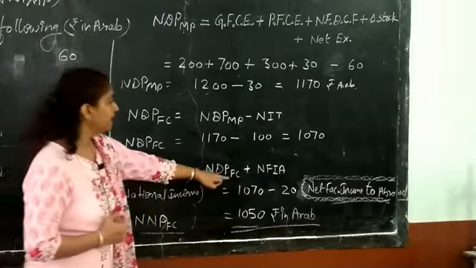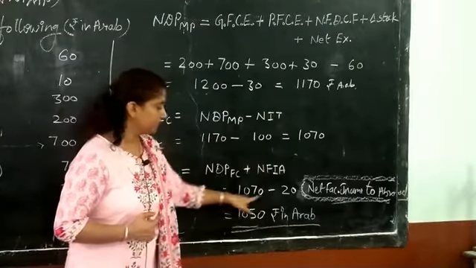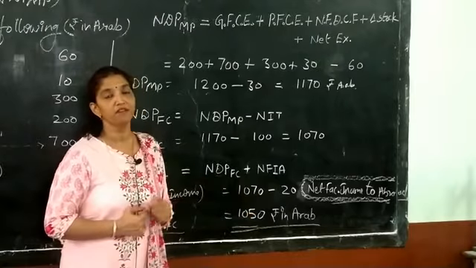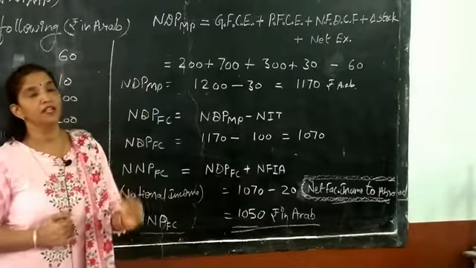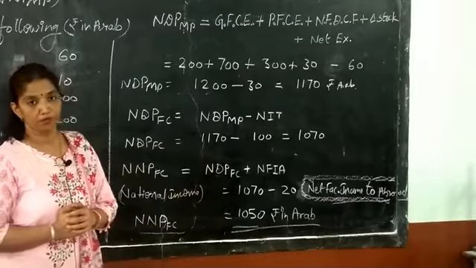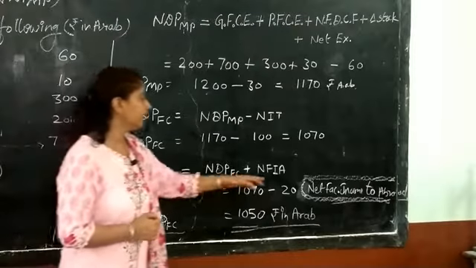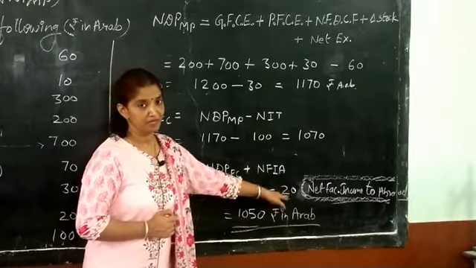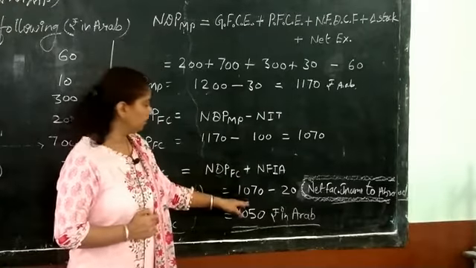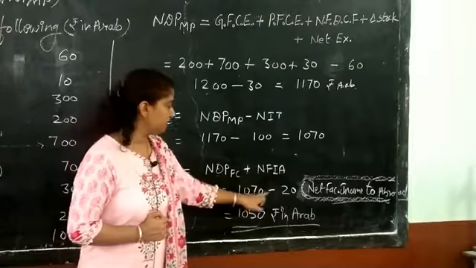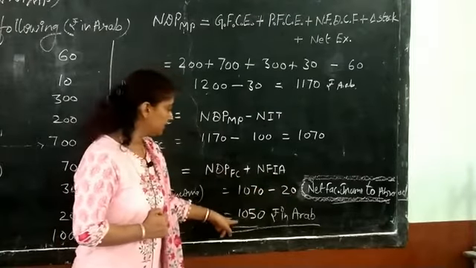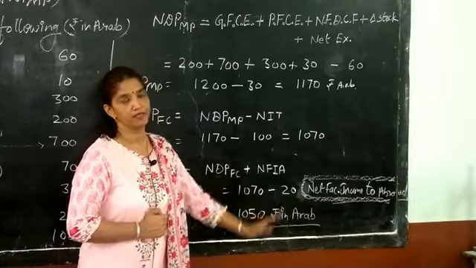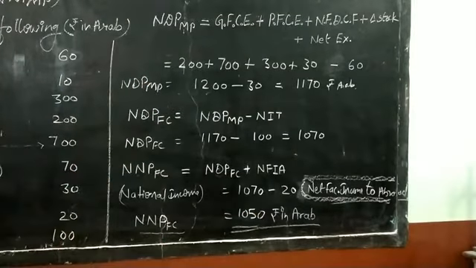NDP at FC is calculated as 1070, and in our question we are given net factor income to abroad, so it will be subtracted from this value. 1070 minus 20, the answer is 1050 rupees. This is the national income estimated with the help of the expenditure method.